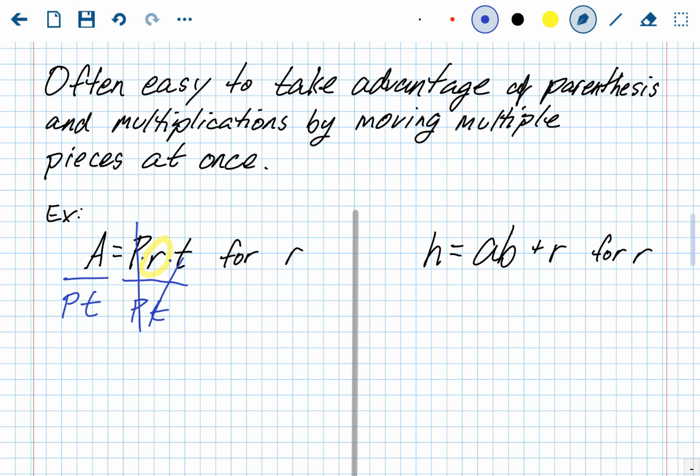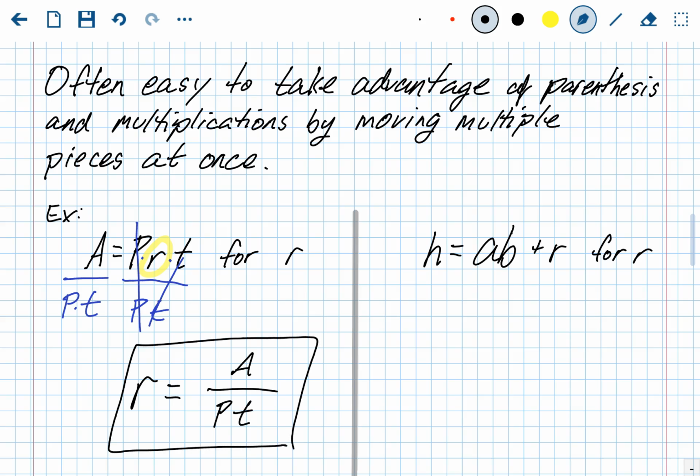So we're going to divide the left side by PT. Now R is by itself, and it equals whatever's left over on the other side, which is A over P times T. Again, just leave it like that. Once you have R by itself, it's not going to equal a number. It's just a different formula.